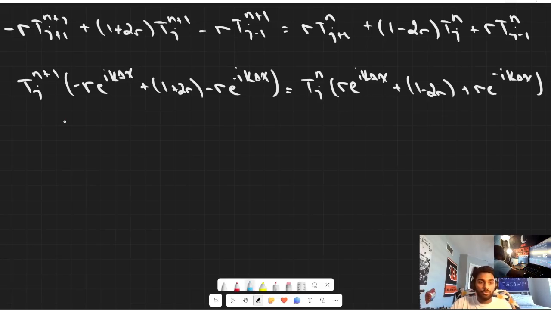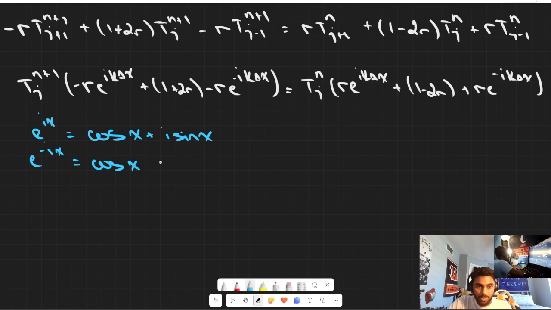Now, what we know from Euler's theory is that e to the ix is equal to cosine x plus i sine x. Similarly, e to the minus ix is equal to cosine x minus i sine x.